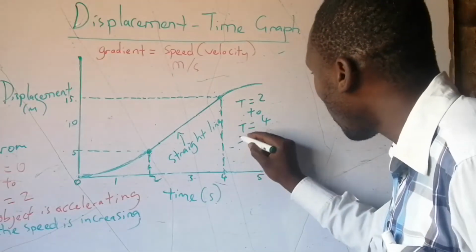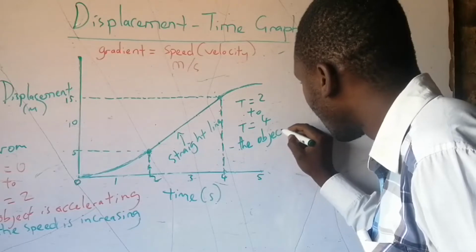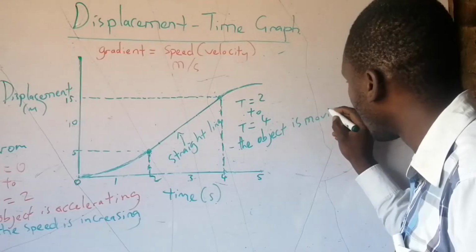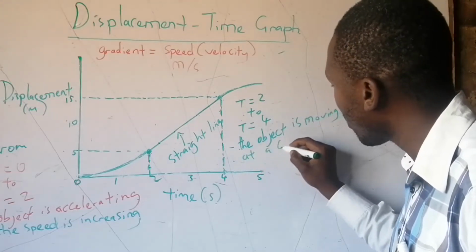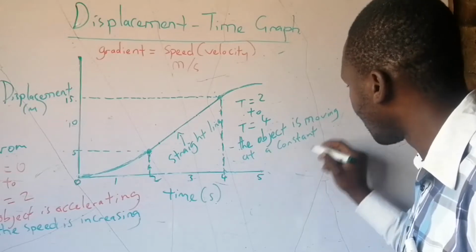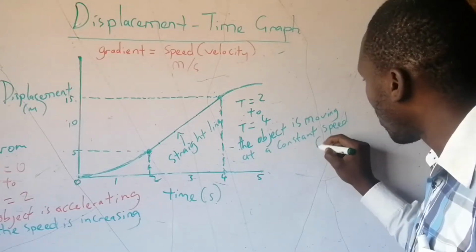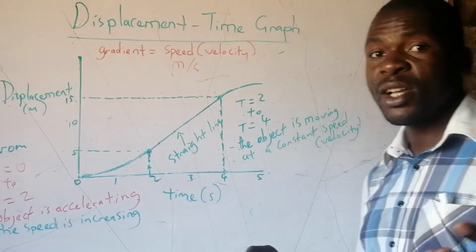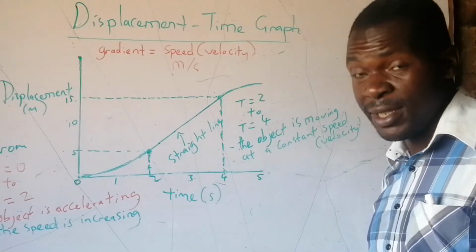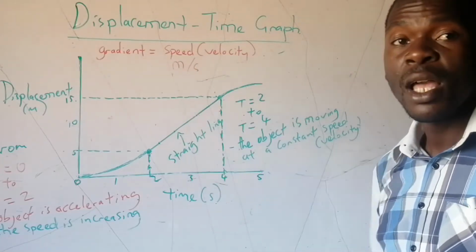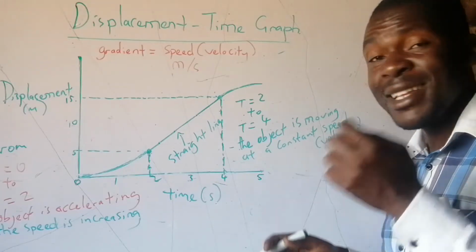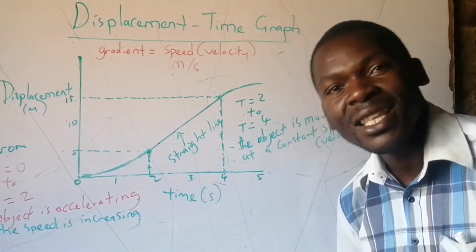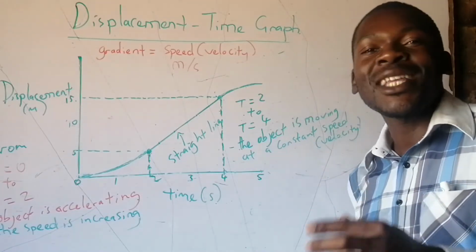In this time interval, the object is moving at a constant speed or velocity because the gradient is constant. So when the gradient is constant, the acceleration is 0. The object is not accelerating.